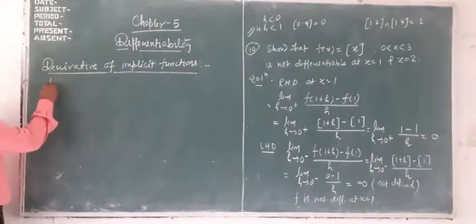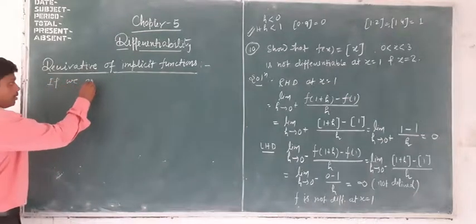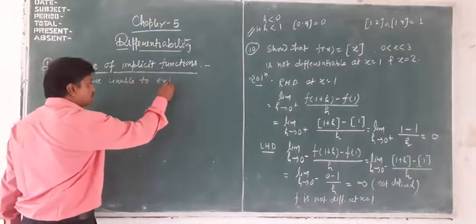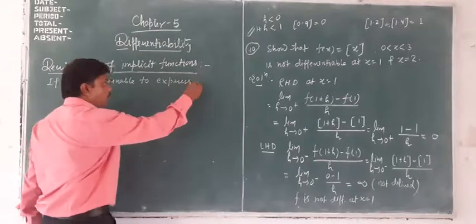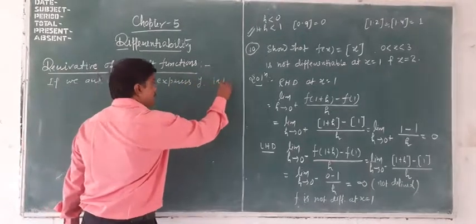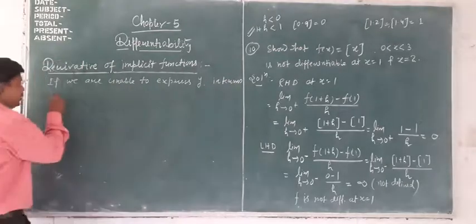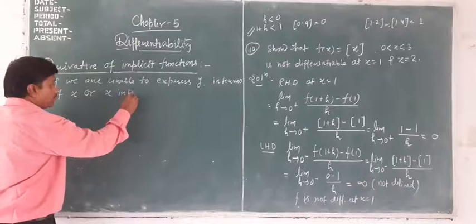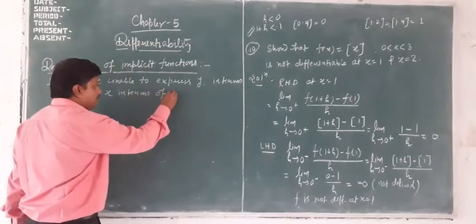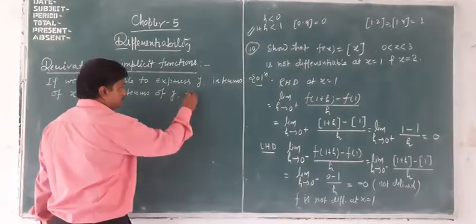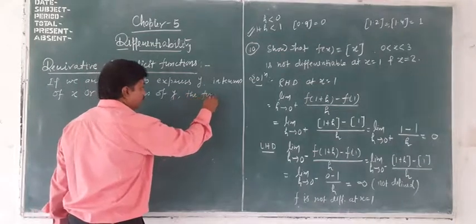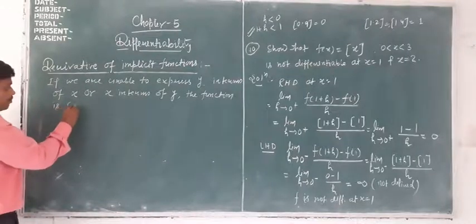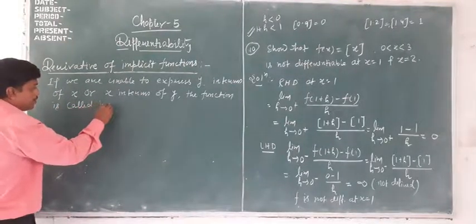If we are unable to express y in terms of x or x in terms of y, the function is called an implicit function.